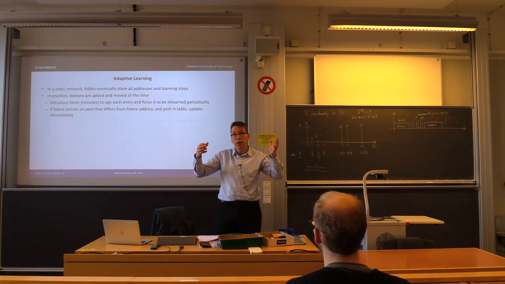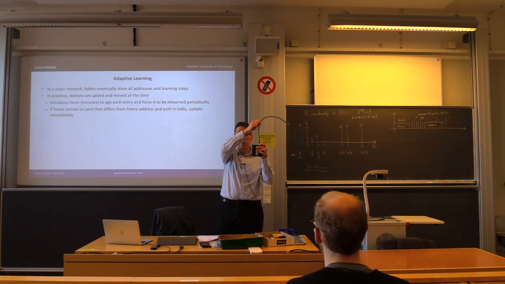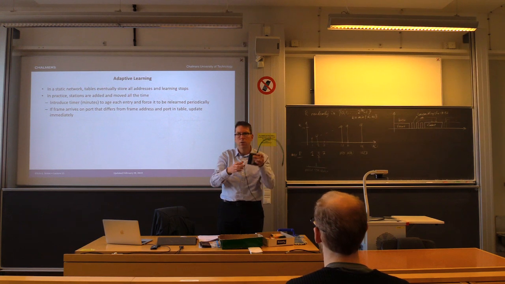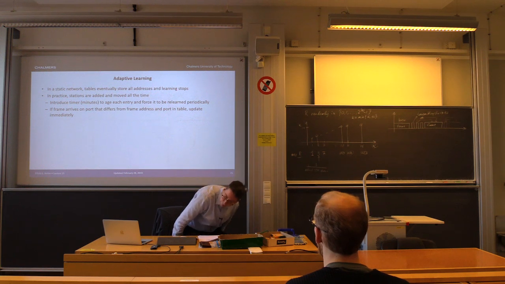Or if I hear that station number 1, which I heard on this port, somehow ends up on this port, and I hear station number 1 on the new port, I update the routing table accordingly, right? So I just use the latest information I have, and when the information gets too old, I forget about it, right? So that's the way to handle dynamic networks.